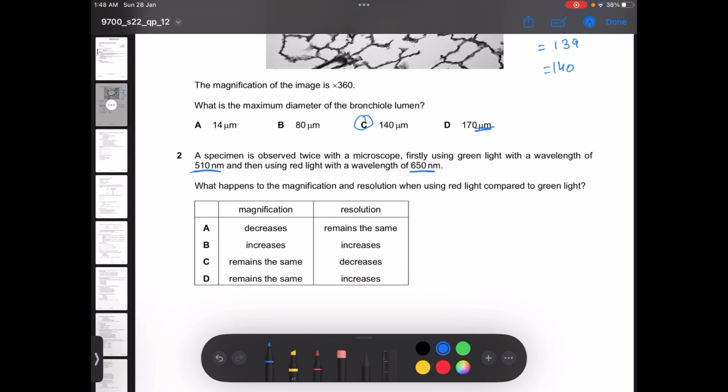So this can be C. Why C? Because the resolution decreases as the wavelength increases. And the magnification remains the same because there's no change in the objective lens or the eyepiece.